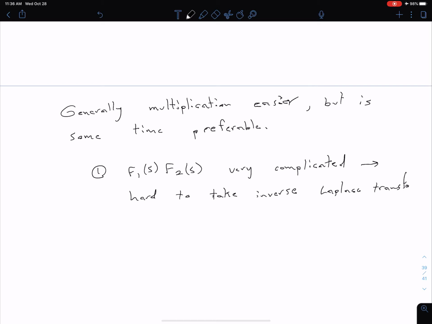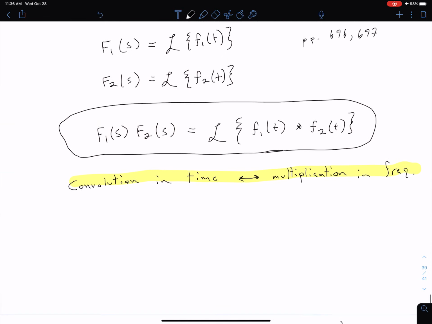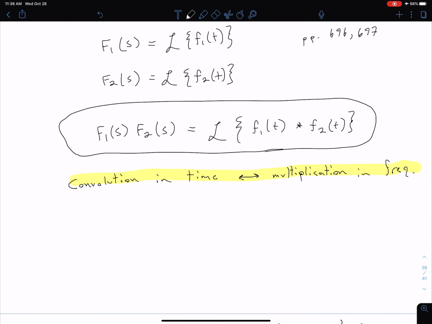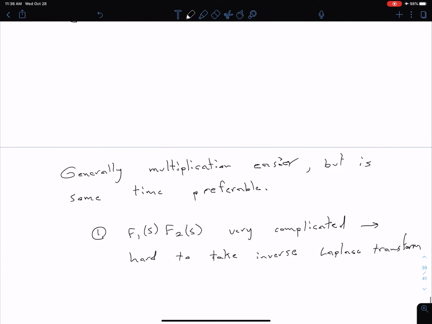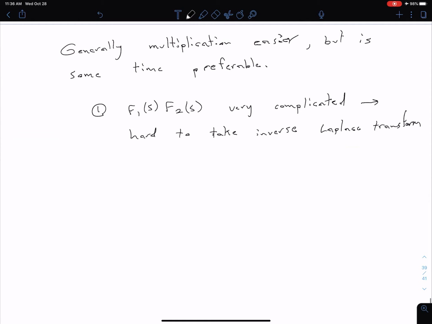Why is that relevant? Well, if we come back up to our equation, we can see that this product in the frequency domain is equal to the Laplace transform of the convolution. So after taking this product, we have to take the inverse Laplace transform in order to get our convolution f1 convolved with f2. So that's one case where it might be easier to work in the time domain.